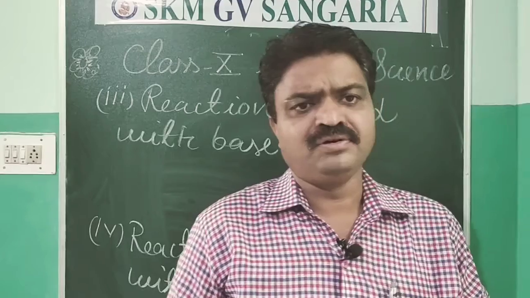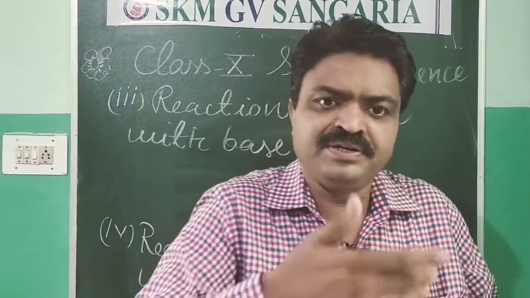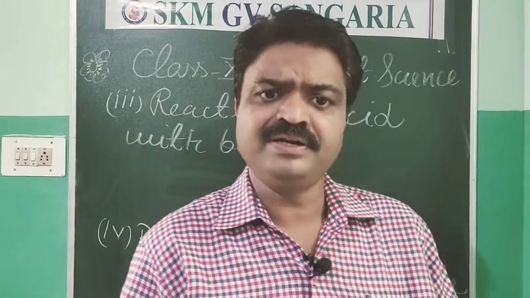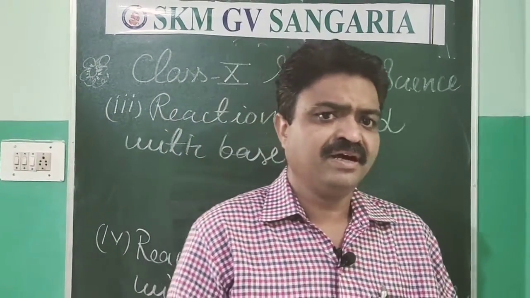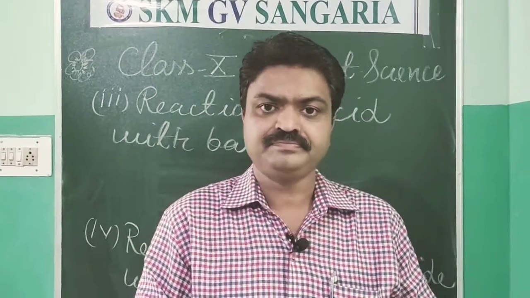Many times you also observe when your elders or the parents complain about acidity, then at that time they take medicines. Those medicines are generally antacids, meaning they take a base.